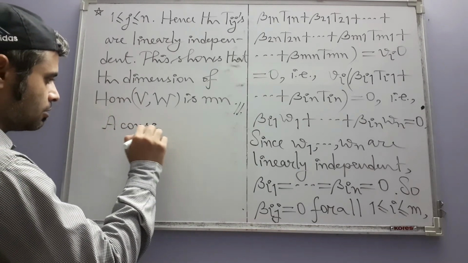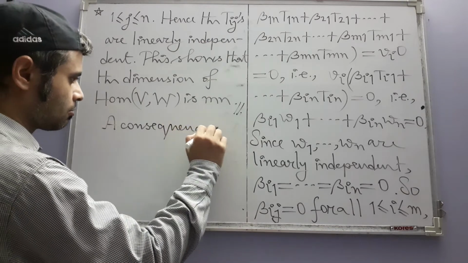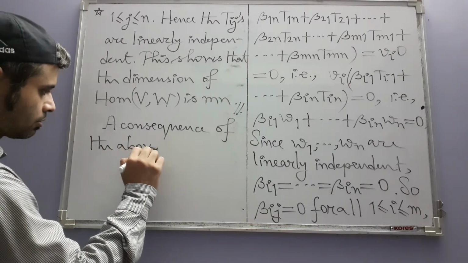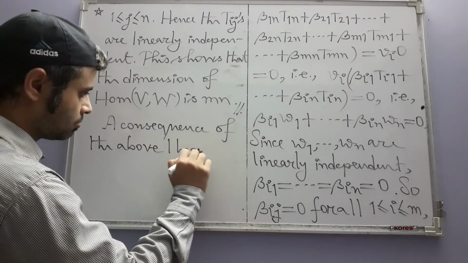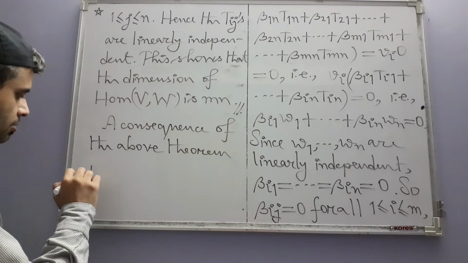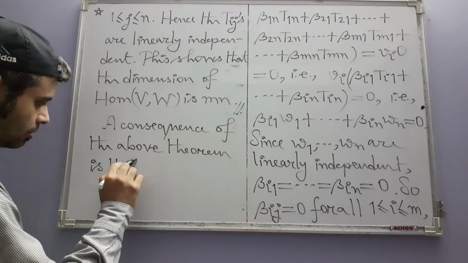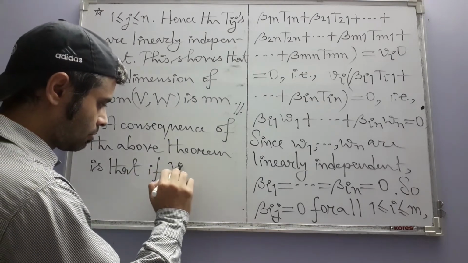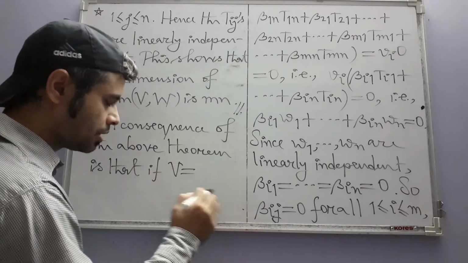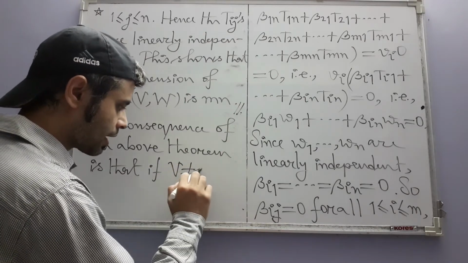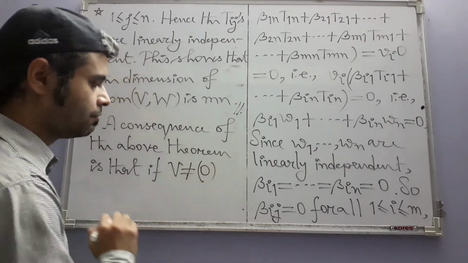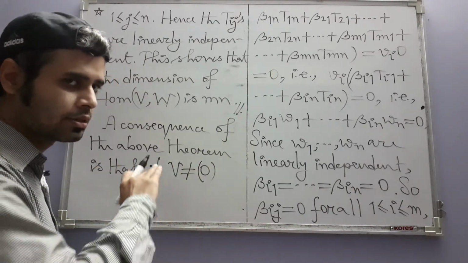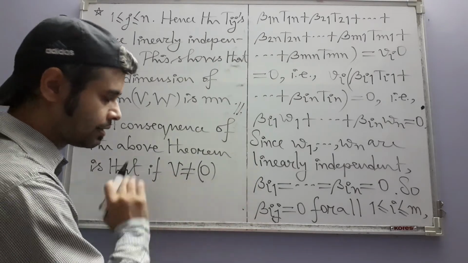A consequence of the above theorem is that if our original spaces with which we started, they are non-trivial spaces, that is, they themselves are not zero-dimensional spaces, they have dimensions higher than 0.